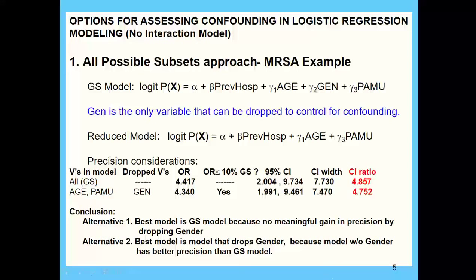But in either case, you see that there's a little gain in precision when you drop gender, because either the width or the ratio for this reduced model is a little less than the width or the ratio for the gold standard model. You follow me? You with me on that? You follow what I'm saying?